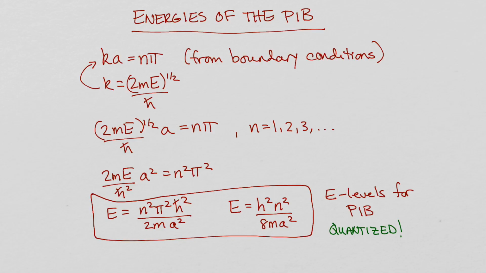That is in distinct contrast to what would be predicted classically. Classically, we can have any value of energy on our continuum. Here, by solving the Schrodinger equation for the particle in a box, we naturally get quantum numbers arising in our expressions for the energy. We get that quantization of energy arising naturally from solving the Schrodinger equation.